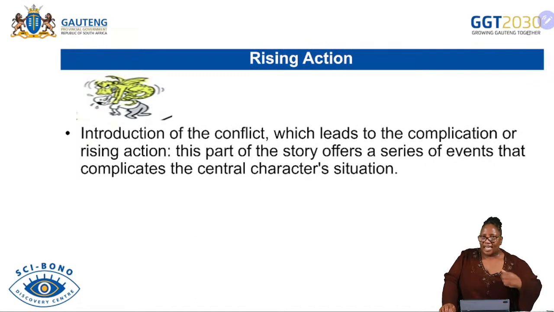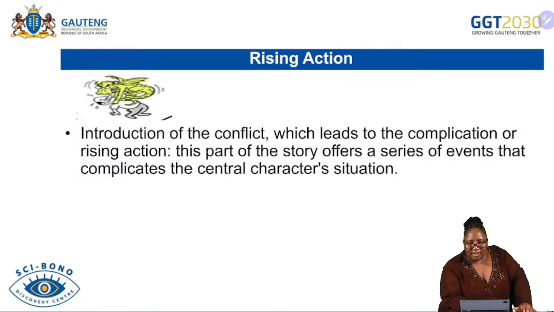He receives a letter. The letter invites him to come to Johannesburg. And we all open our eyes and ears. We want to know more. Why is this old man invited to come to Johannesburg? We are now introduced to the conflict.